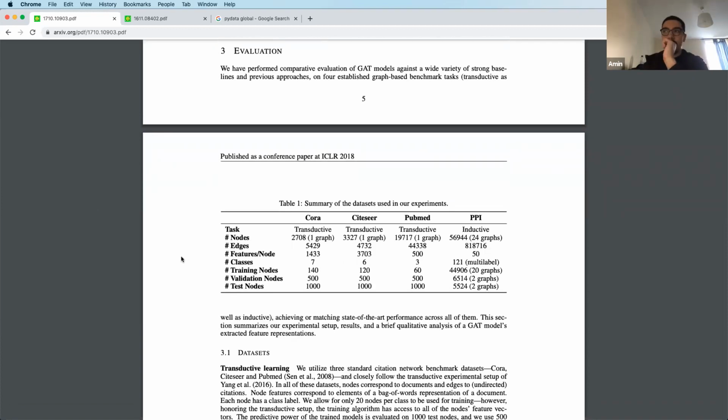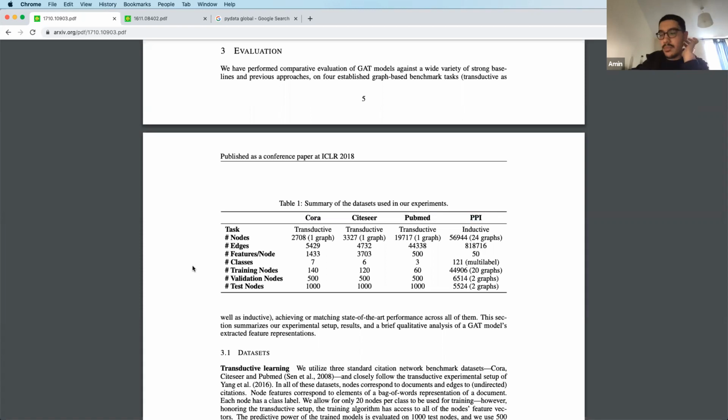So the datasets that they use to evaluate the model are 3 citation networks and 1 protein-protein interaction network, and they test it for 2 different types of problems: transductive and inductive.